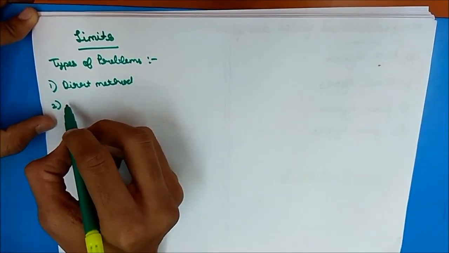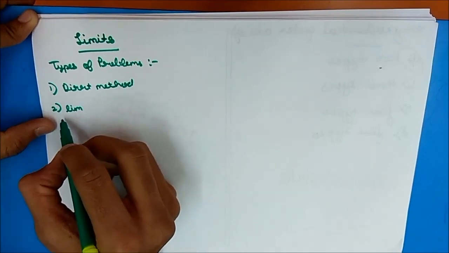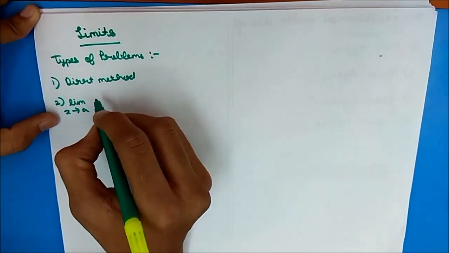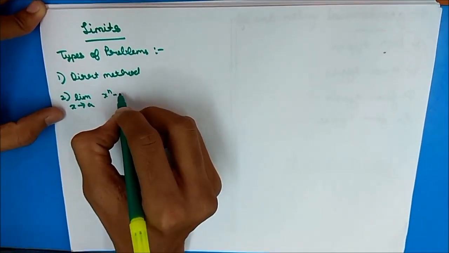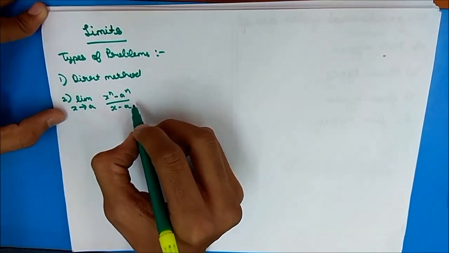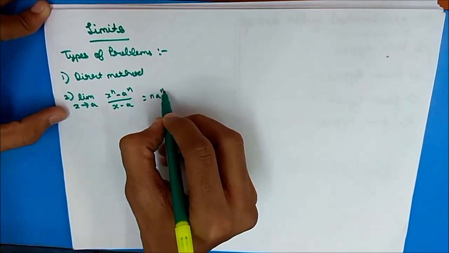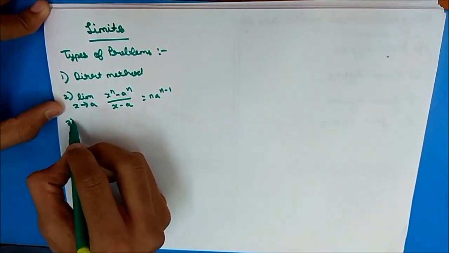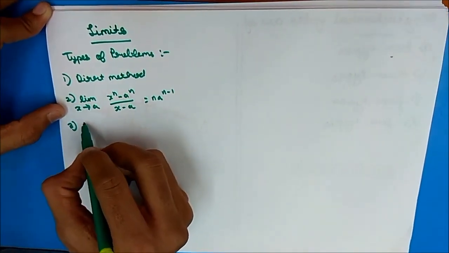Two, the problem is based on theorem: limit x tends to a, x raised to n minus a raised to n upon x minus a is equal to n a raised to n minus 1. The third type is on factorization method.